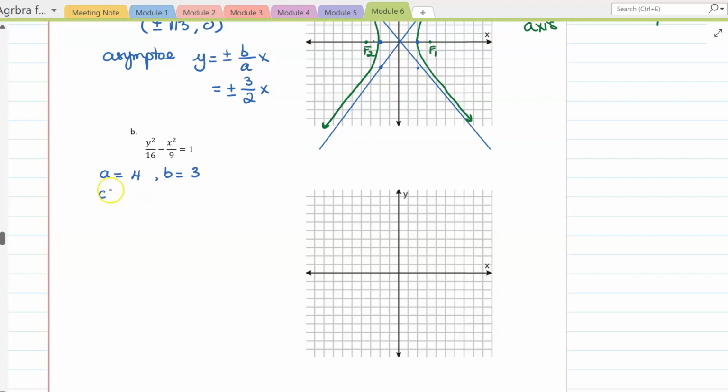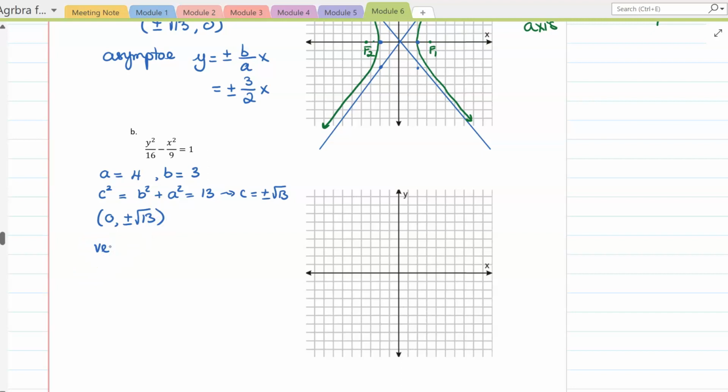For the foci, c squared is equal to b squared plus a squared, equal to 13. So c equals plus or minus root 13. Now because the hyperbola opens up and down, the foci lie on the y-axis. So the foci are 0, plus or minus root 13.